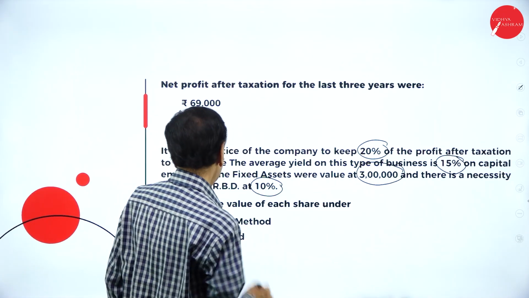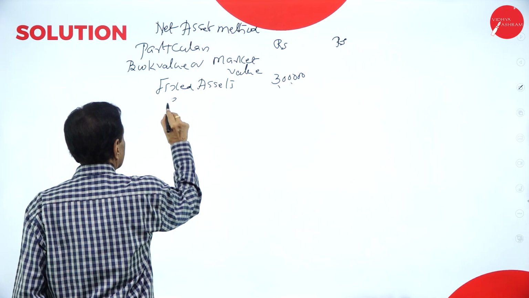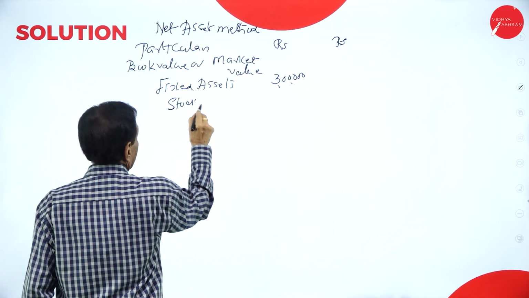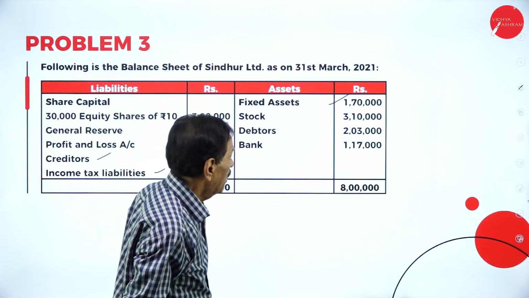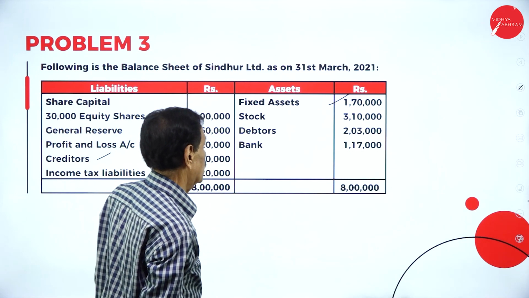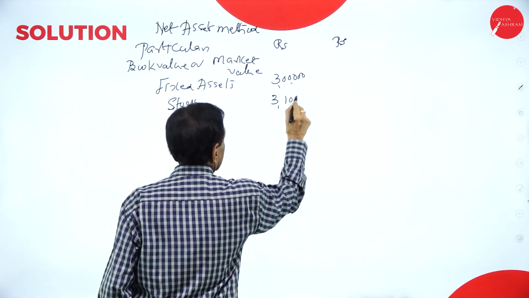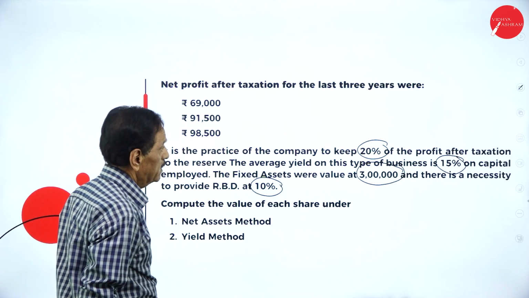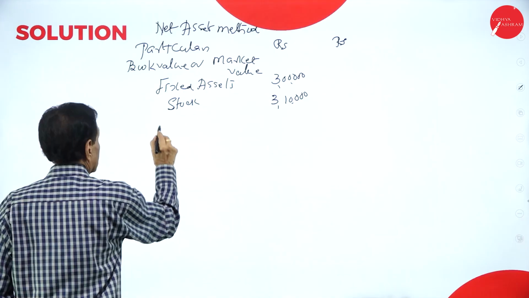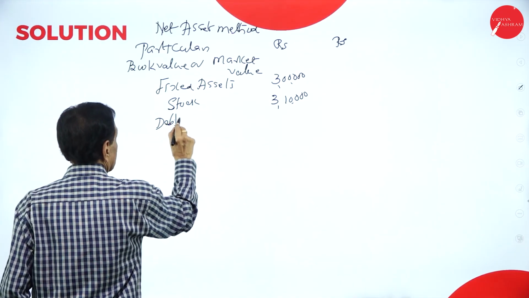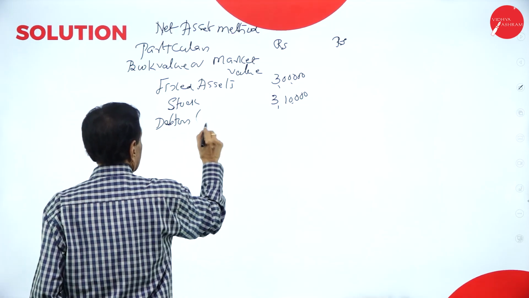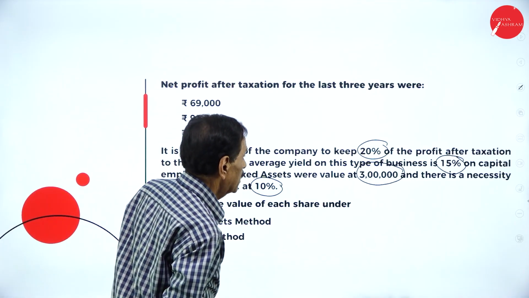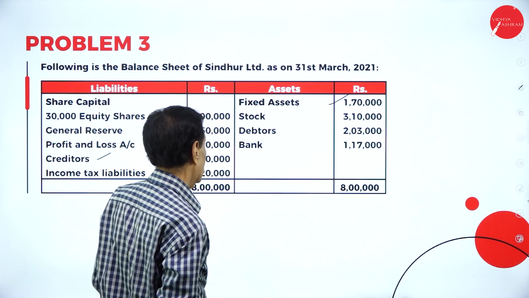No change. Stock, what's the book value? 3,10,000. Then what is the next one? Debtors. What's the value? Debtors 2,03,000.